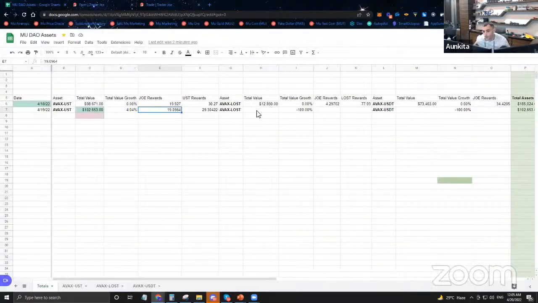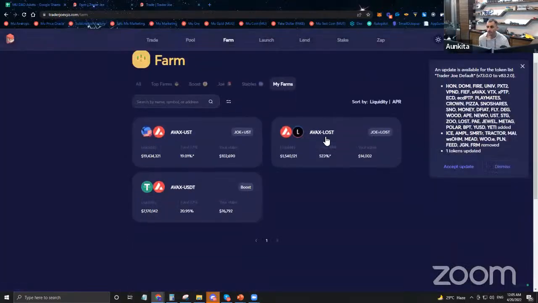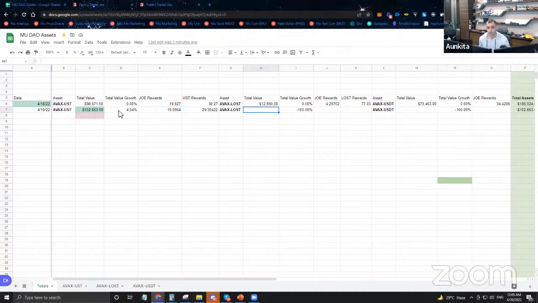Now we're going to go over to our AVAX and Joe. This one we have 14002, at an 8% gain just inside the asset. You see, this was what our asset pool was. So the asset pool, meaning what?